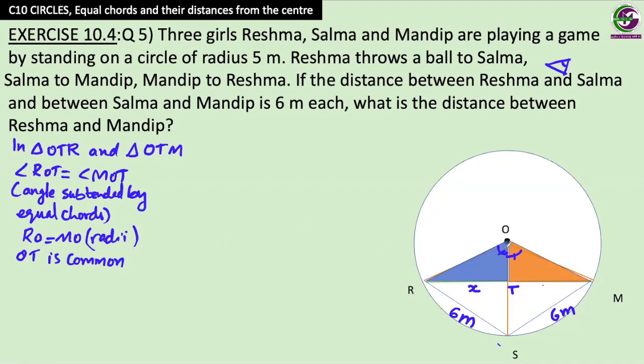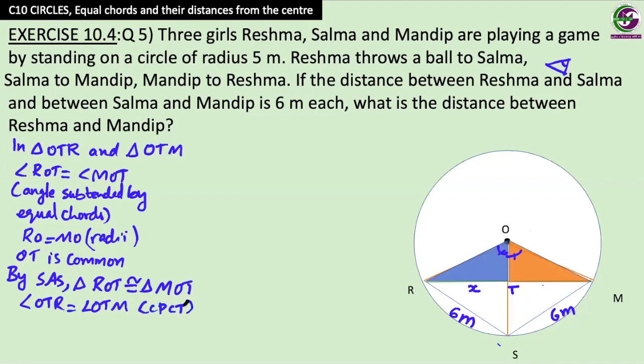Side, angle, side, by SAS, triangle ROT is congruent to triangle MOT, which means angle OTR is equal to angle OTM, corresponding parts of congruent triangles.